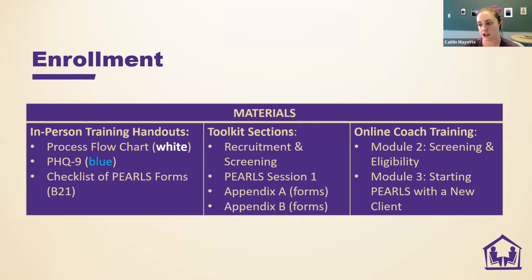The recruitment and screening section and the PEARLS Session 1 subsection of the PEARLS Sessions section in the toolkit are where you and coaches will go for help on this material. Forms are in Appendix A and Appendix B. This information is covered in both Module 2 and Module 3 of the online coach training.